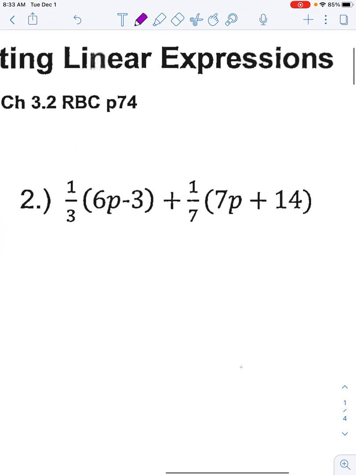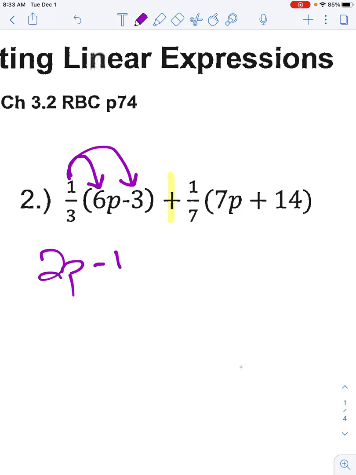Number 2, look for the sign in the middle. It is an addition sign, so we're good there. We're dealing with fractions on the left-hand side. 1/3 times 6p would be 2p, and 1/3 times a negative 3 is negative 1.